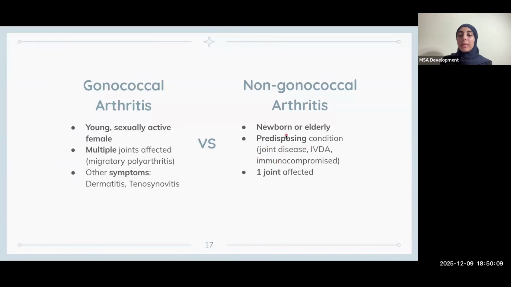It's also more commonly seen in newborns or elderly because they tend to have a weaker immune system. And the non-gonococcal arthritis usually only affects one joint. Because it's just the classic septic arthritis, one joint, but in gonococcal, it's disseminated, multiple joints, right?